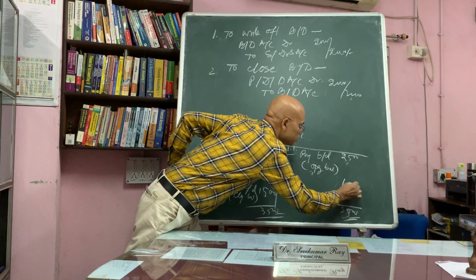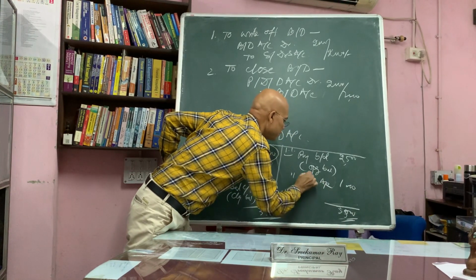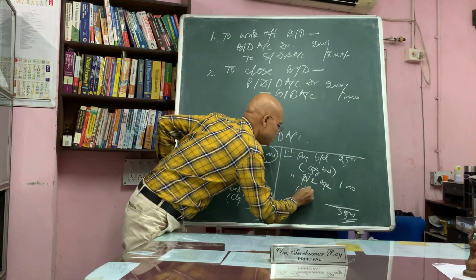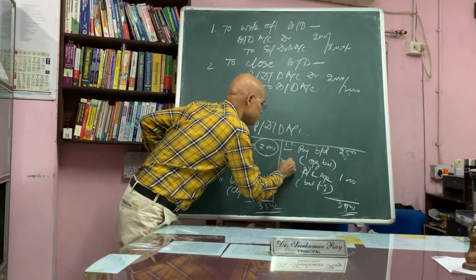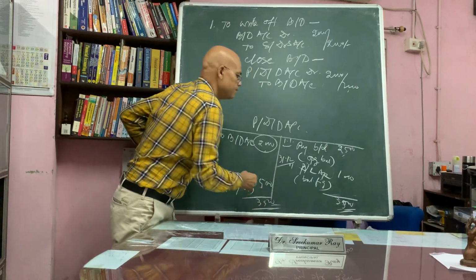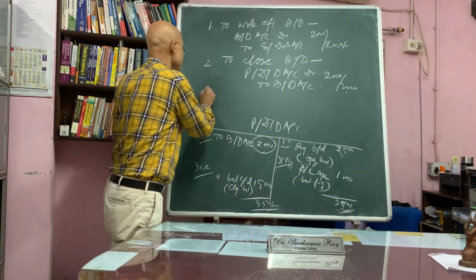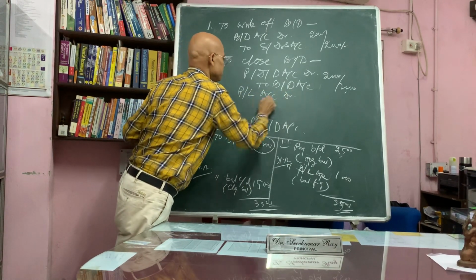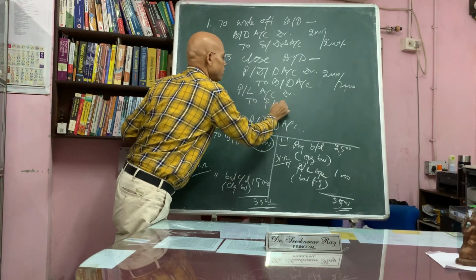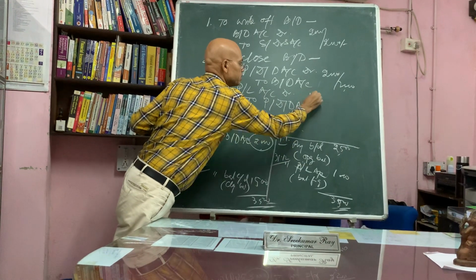Here it is 1000, that is by P&L account 1000, the balancing figure. Date will be 31st December. Then again, the journal will be P&L account debit to provision for doubtful debt account 1000.